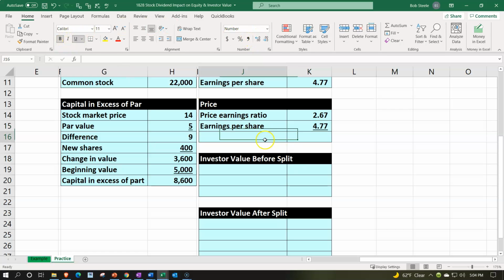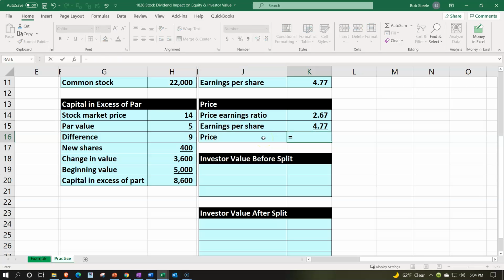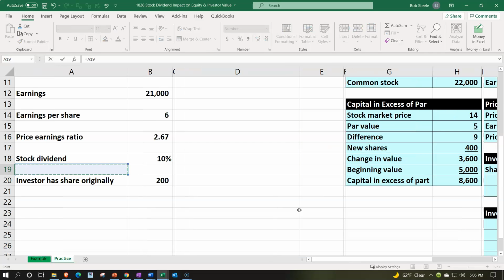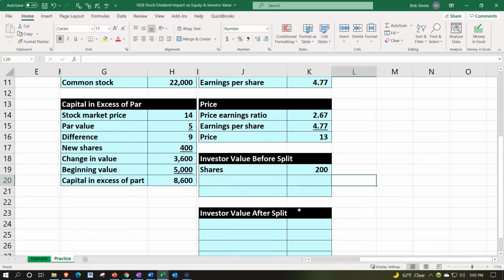That's going to give us the price, which we're going to calculate as the 2.67 times the 4.77, 13. Let's add a couple decimals, number group, couple decimals there. Let's think about the change to where the stockholder stands. The shares at the beginning were 200 shares. The stock market price was at 14.